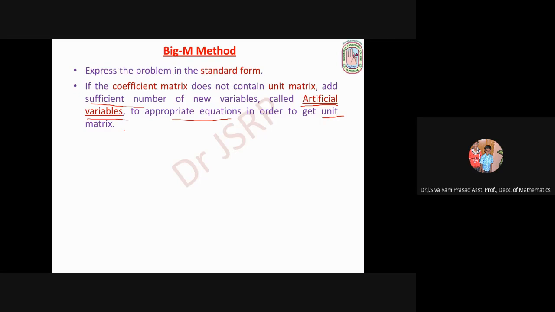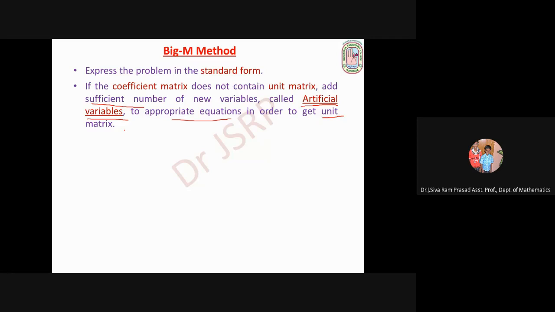What is the main difference between the artificial variable and those two variables, slack and surplus? Suppose the constraint is less than or equal type, it is possible to add a non-negative quantity on the left hand side to get equality. Similarly, in the case of a greater than or equal constraint, it is possible to subtract some non-negative quantity on the left hand side to get equality.